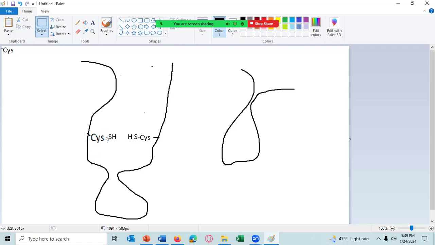Anyways, this is the cysteine. It has a sulfhydryl group. Well, the hydrogens can come off of the sulfhydryl group, and they just go into solution. And once they come off, the sulfurs can then bind to each other.